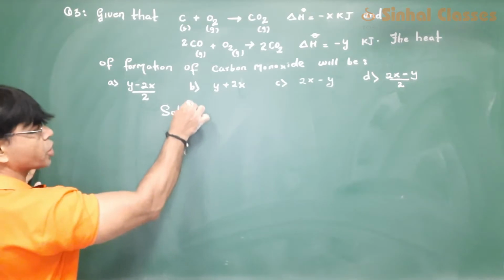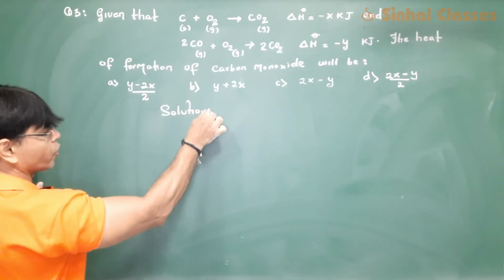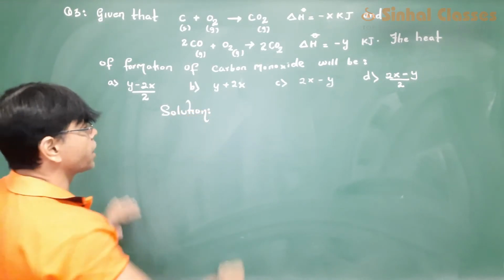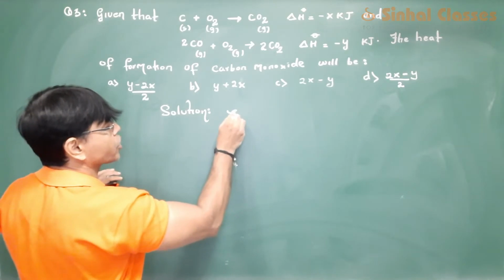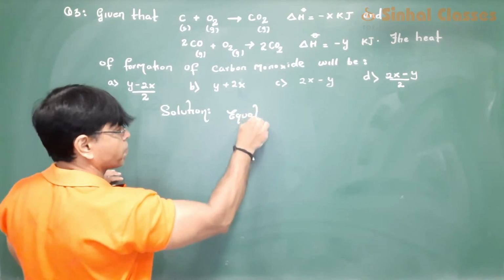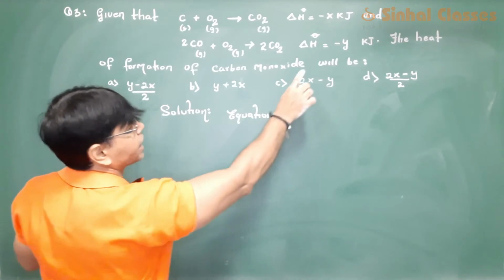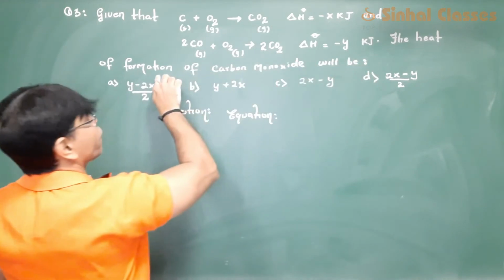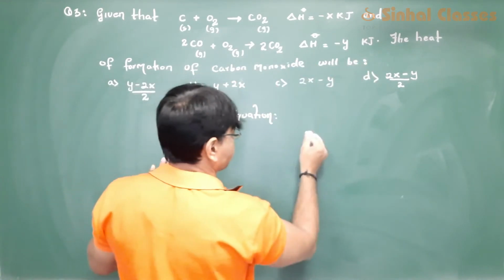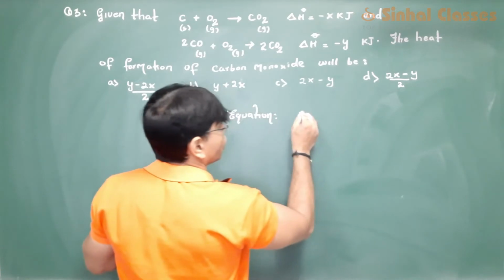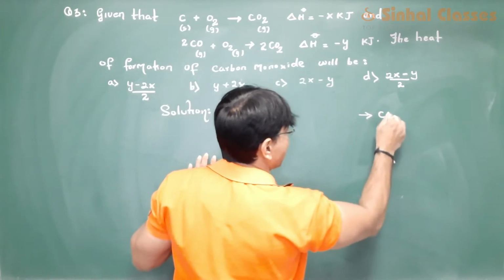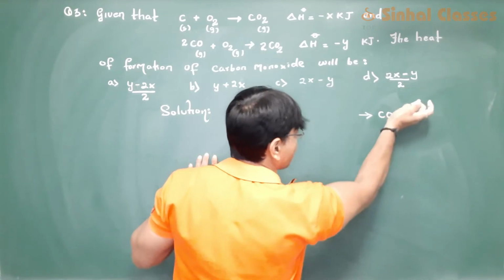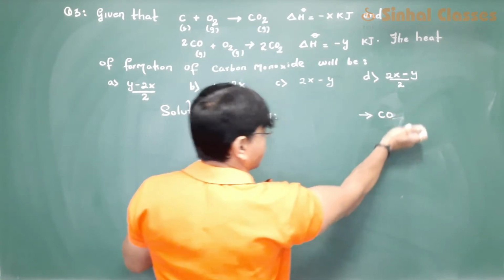So let's see the solution part of it. How to go about with this? So first thing, you write the equation, your required equation. You wanted enthalpy for formation of carbon monoxide. That means you want delta H for CO, carbon monoxide.